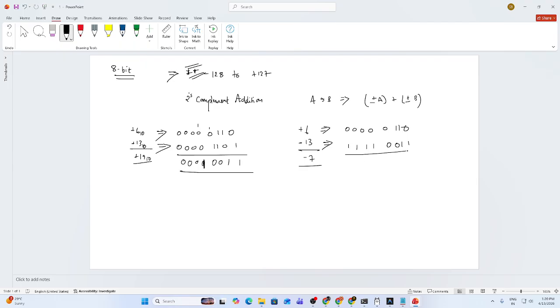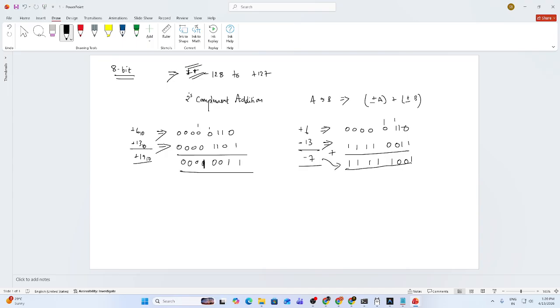Then you perform the addition, taking the 2's complement of plus 13 to represent minus 13. Adding gives 1111 1001. Now this is the result I got, but is this minus 7? How do I know?